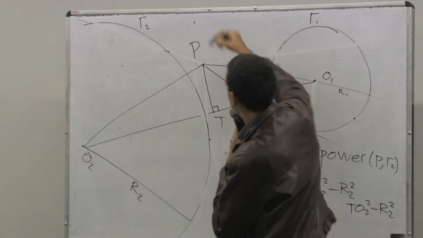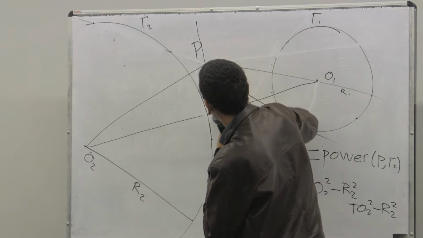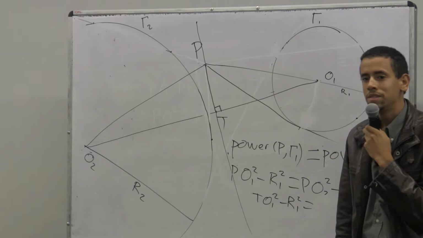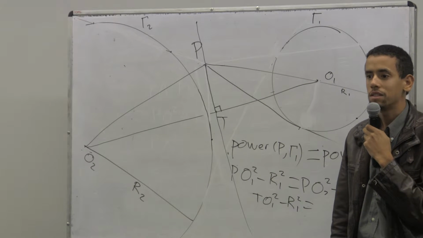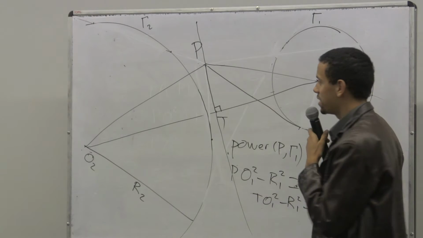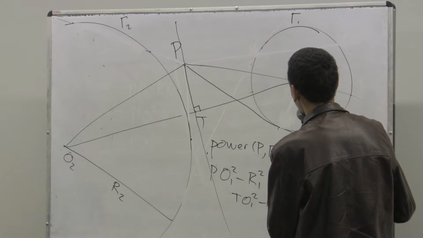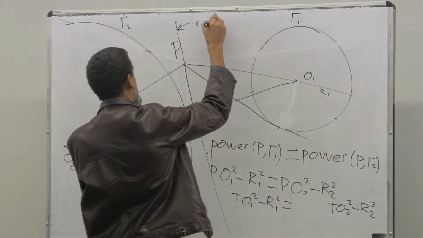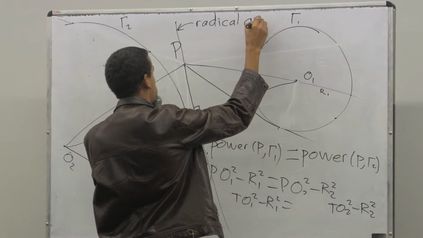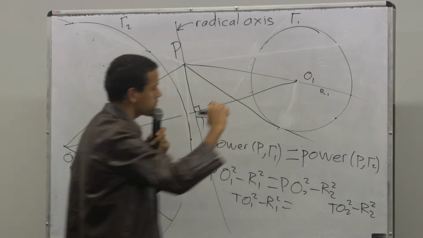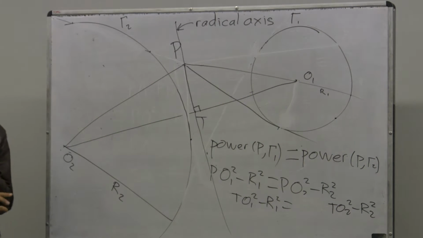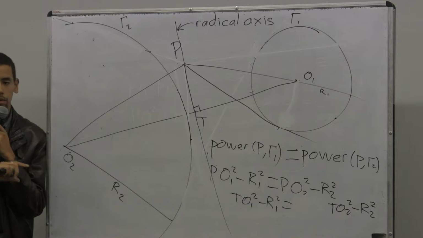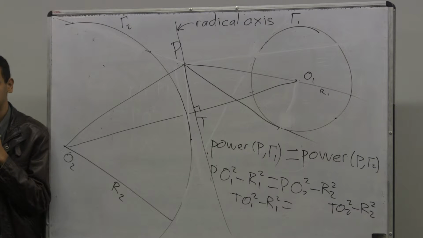It's a line perpendicular through this point T. Cool. This line is called the radical axis. If you have any two circles, the radical axis is the set of points that have the same power with respect to both circles.